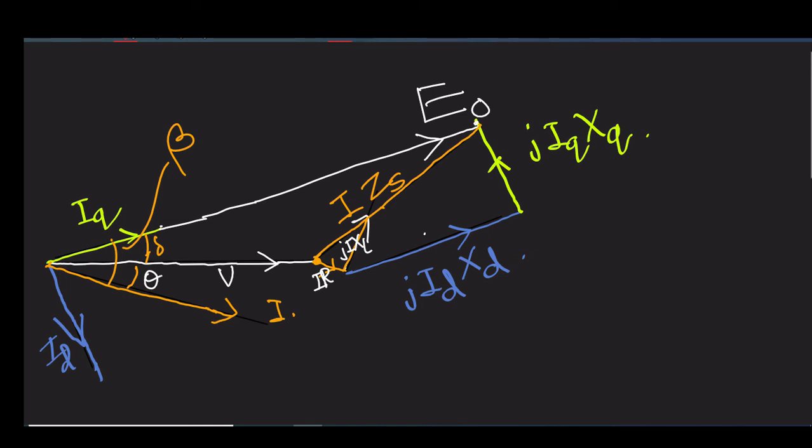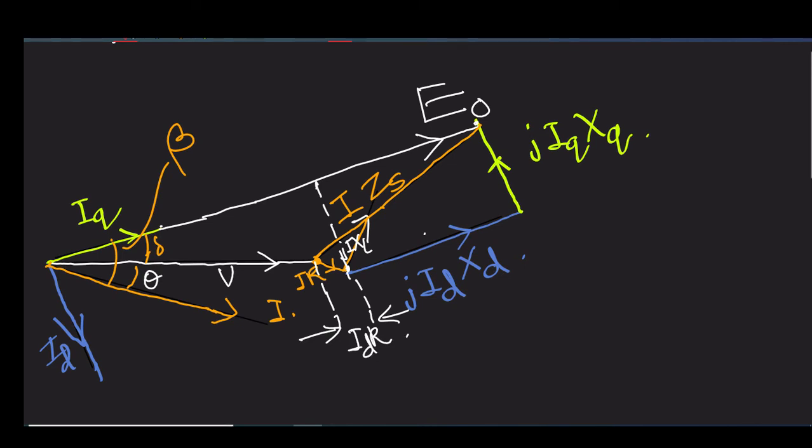Like this whole thing, what we can show you, if we draw a perpendicular from this point to this E naught line, then what is this much length? This gap is your IDR, right?